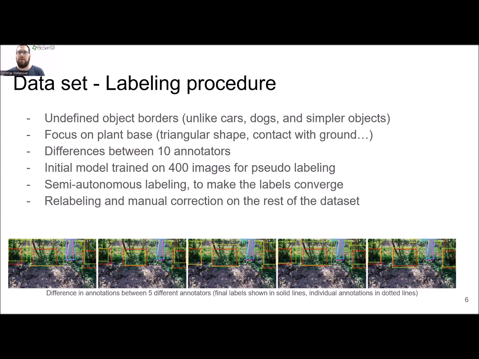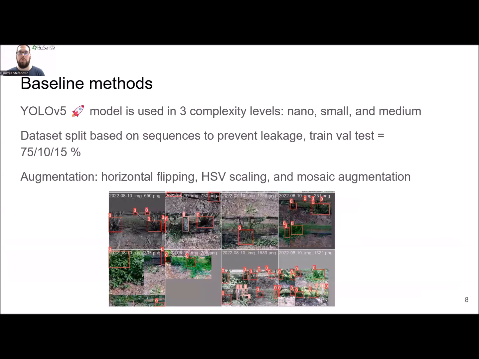An initial YOLO V5S model was trained using the manually labeled data and further run on the remaining 1600 images. Annotations obtained in such a manner were visually inspected, manually corrected, and added or removed when necessary. We trained YOLO V5 models for detecting our objects of interest in 3 complexity levels: nano, small, and medium.